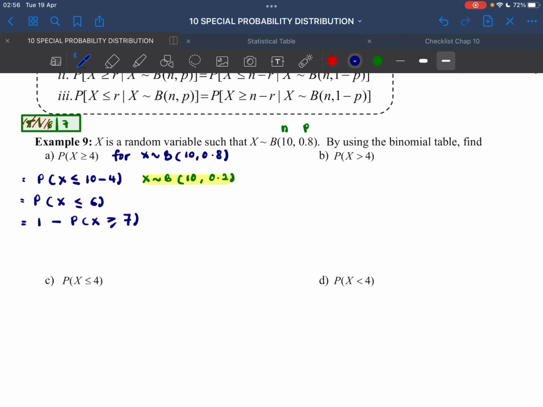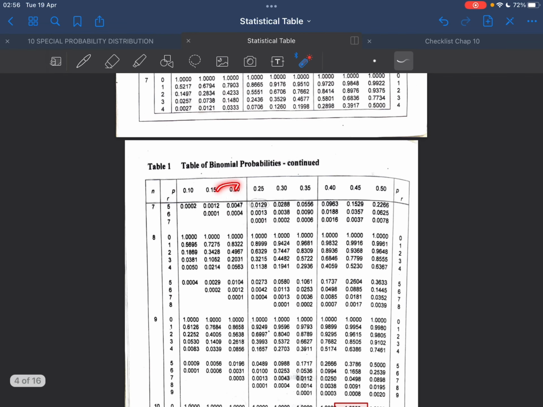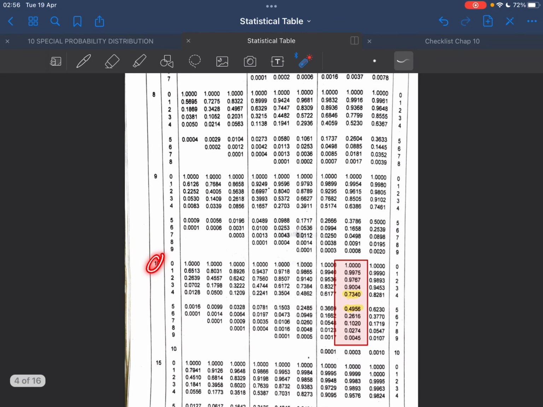So here we have 1 minus, and you make sure you look at this in your table, n equals 10, p equals 0.2. So let's find p equals 0.2 here, n equals 10, so it might be in here. Your answer might be here.